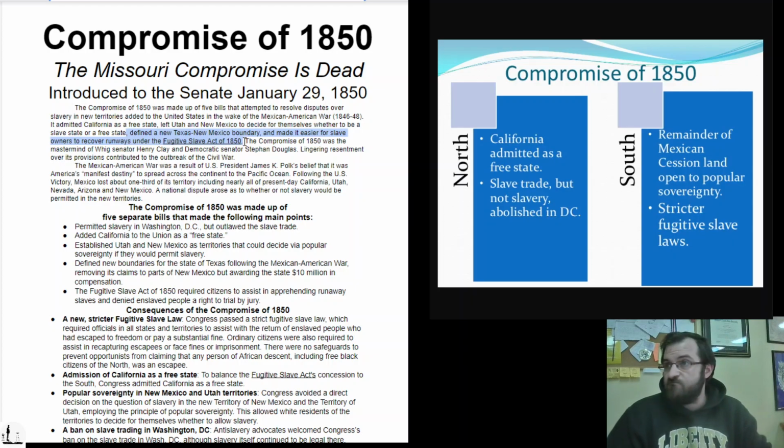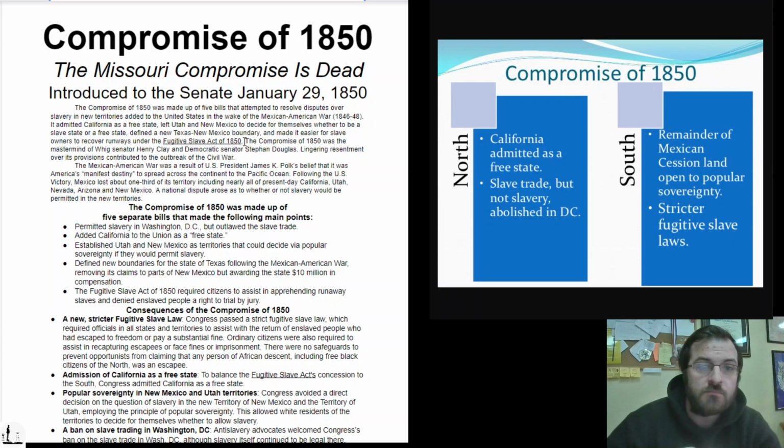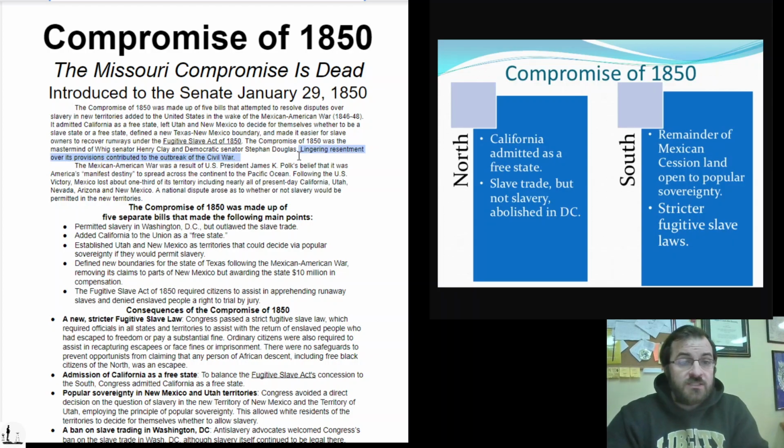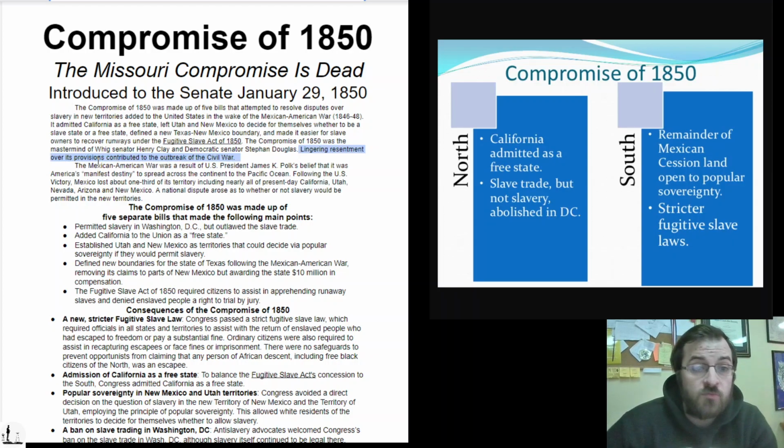It's kindling being thrown onto a fire. The Compromise of 1850 was masterminded by Whig Senator Henry Clay and Democratic Senator Stephen Douglas. Lingering resentment over its provisions contributed to the outbreak of the Civil War. It's a cause of the American Civil War.